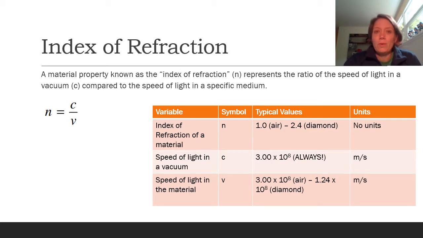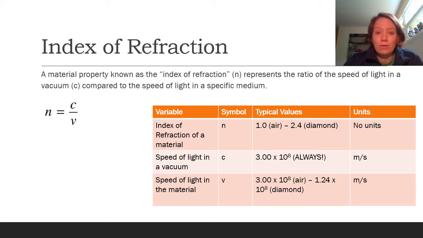So the lowest possible value of n is 1.0. Air is actually 1.00024, but for our purposes, we assume that it's close enough to 1. So light pretty much goes its maximum speed when it's going through air. But as we get through solid materials, we'll have different values of n. The biggest value of a naturally occurring material, n, is 2.4, which is a diamond. So light goes as slow as it possibly can go in diamond.